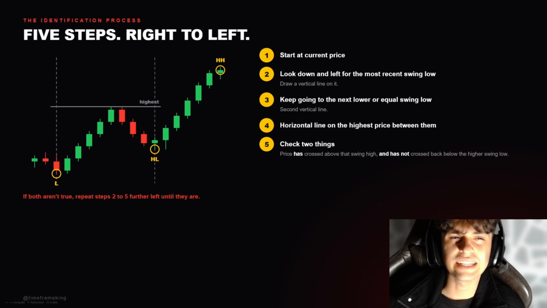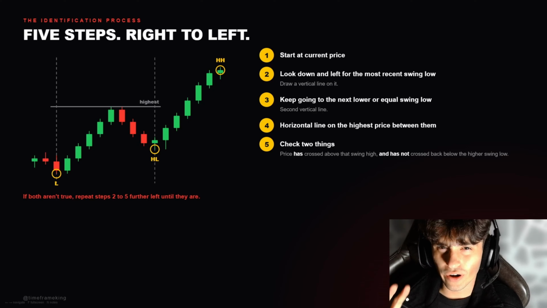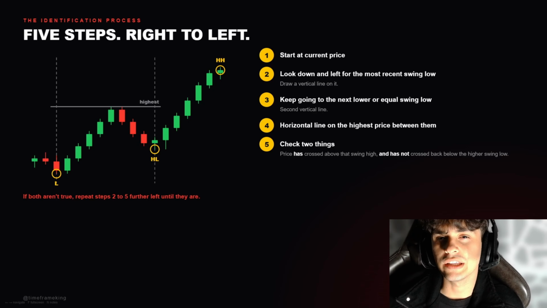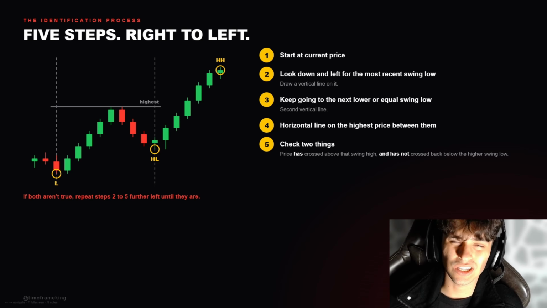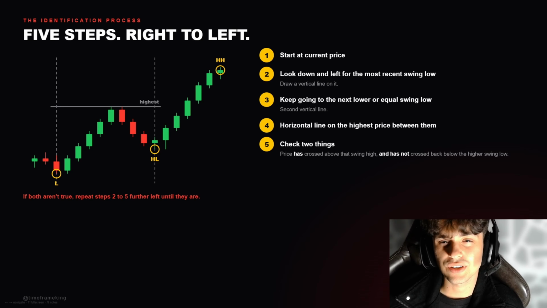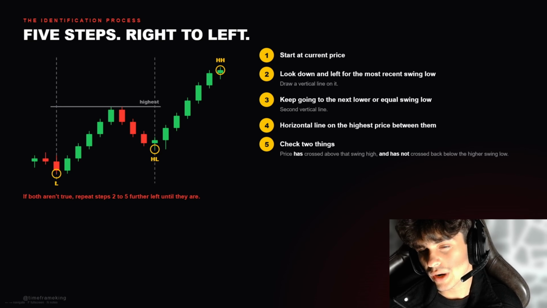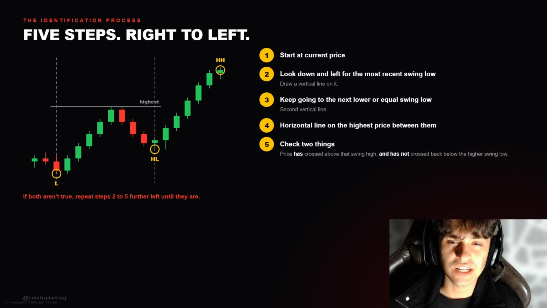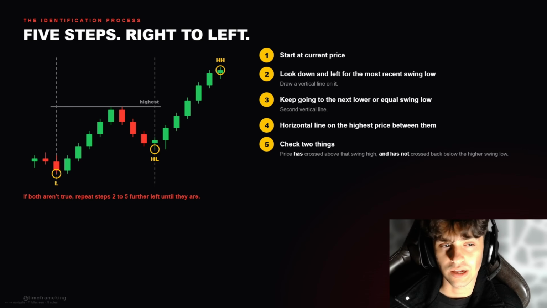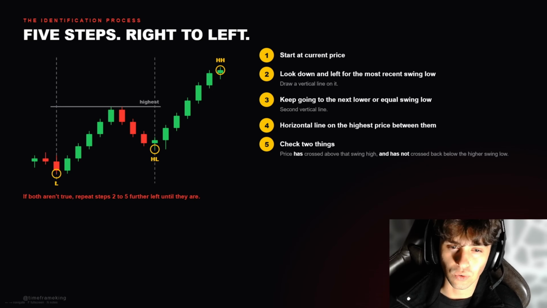So how do you find it on a live chart? Here are 5 steps. One, you start at current price and always go from right to left, same as everything else in the system. You want to look down and left for the most recent swing low and place a vertical line on it. Keep going left to the next lower or equal swing low, then place a second vertical line.